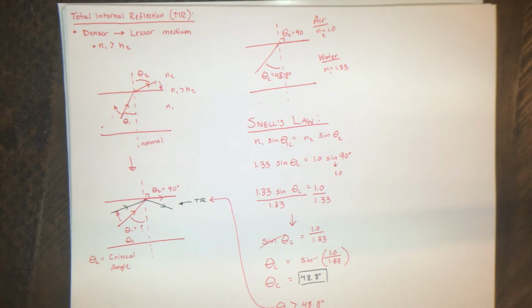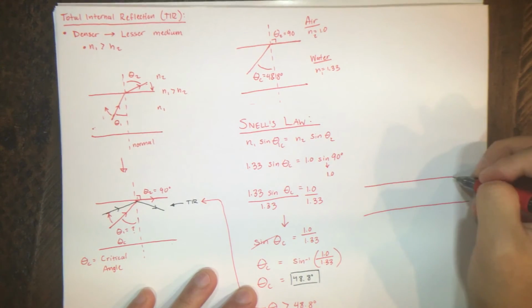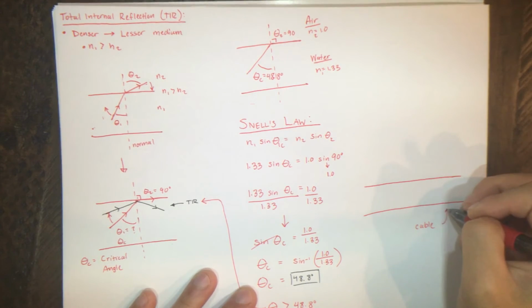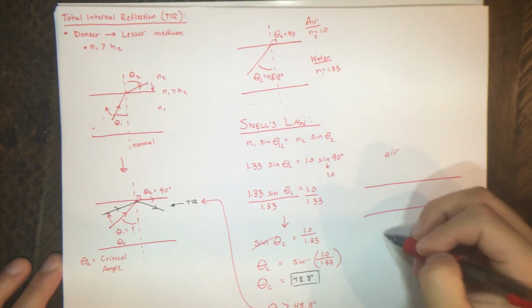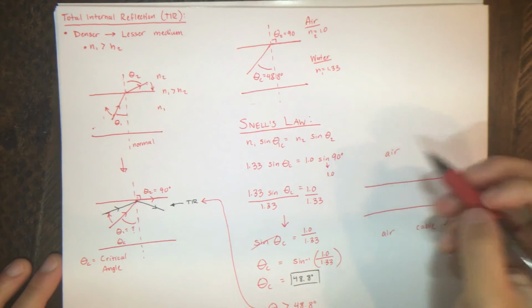And if you want to apply it to something that we use every day, it's something called fiber optics. Science is made to the point where this is, as you can say, a cable. We have air out here, and then some other medium.